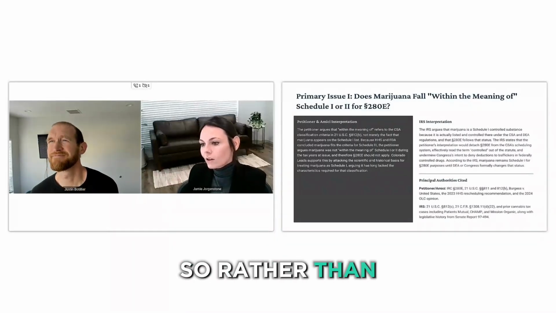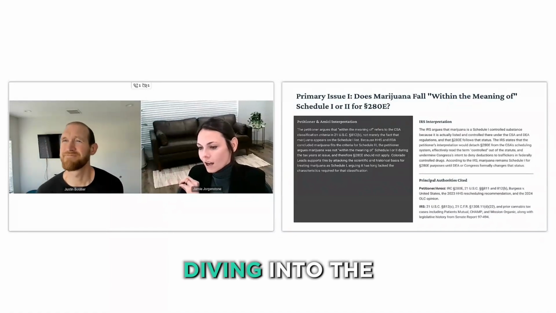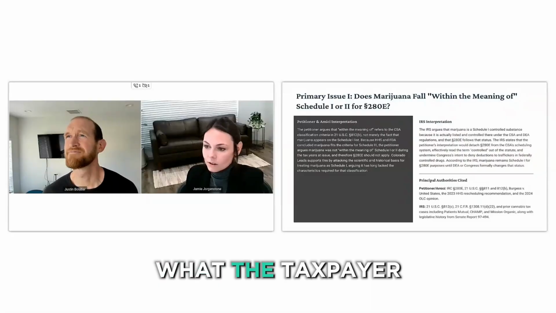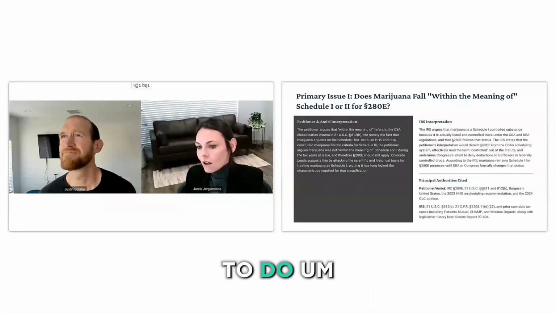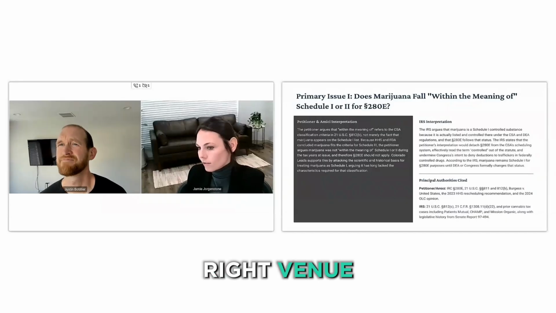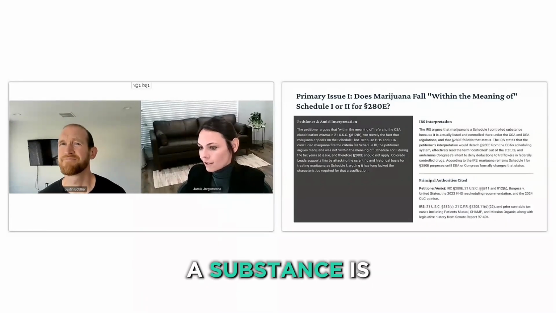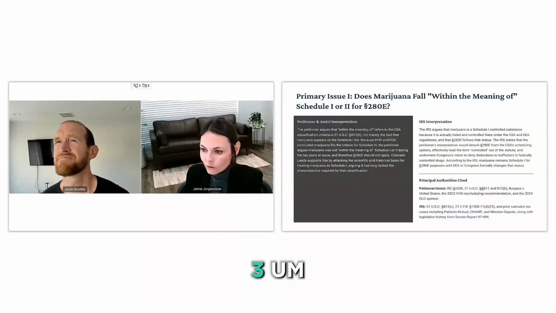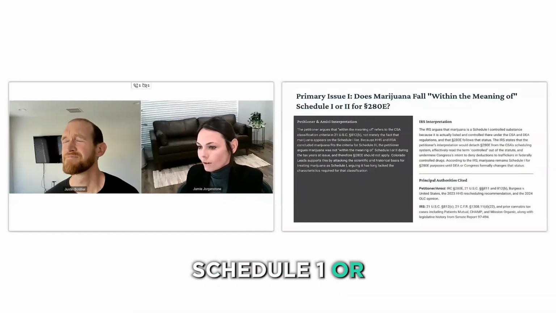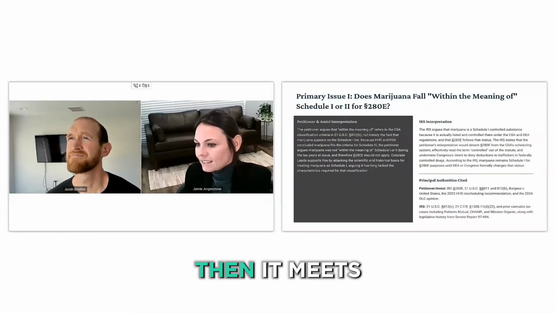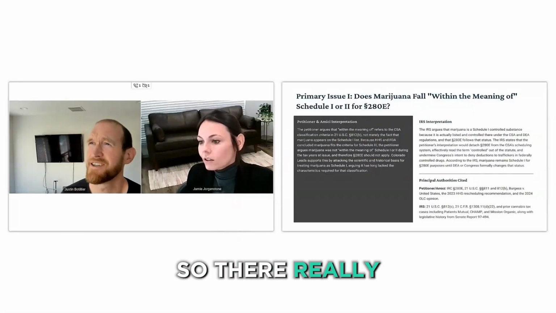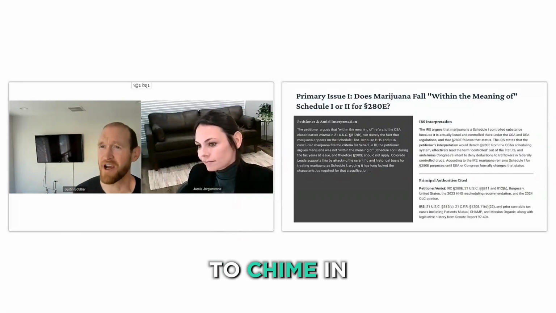Rather than diving into the criteria, which is what the taxpayer asks the courts to do, the IRS is just saying the tax court is not the right venue to determine whether a substance is Schedule 1, 2, or 3. If it is listed on Schedule 1 or 2, then it meets the definition. So they're really, go ahead, Justin. Sorry, I just want to chime in.